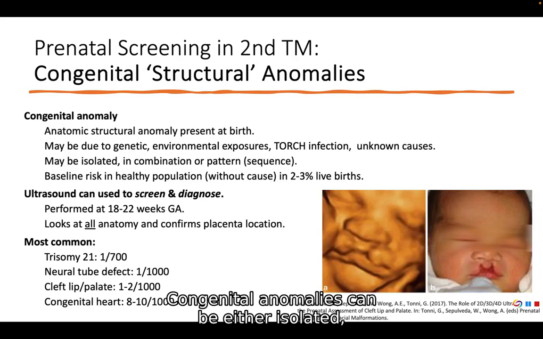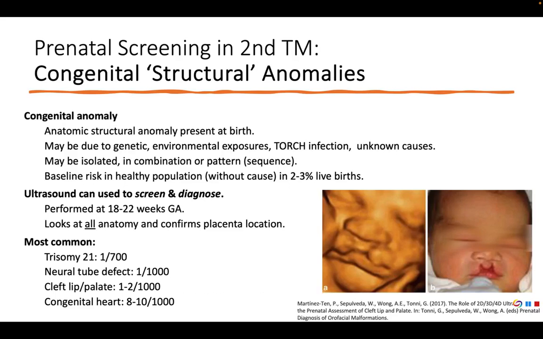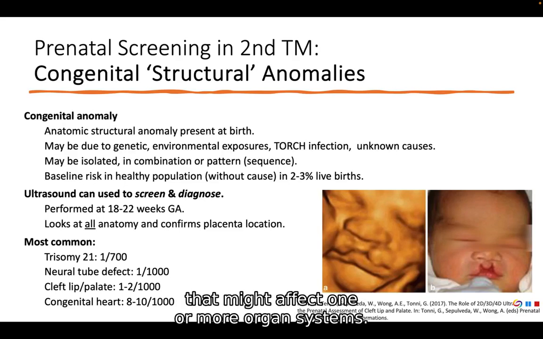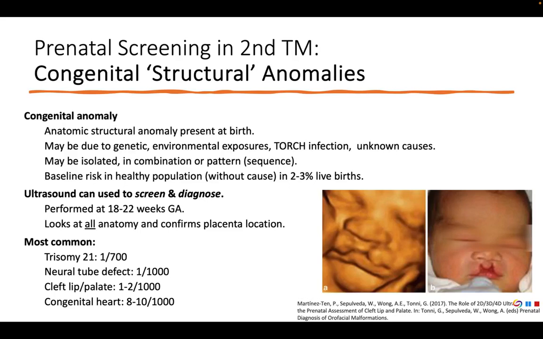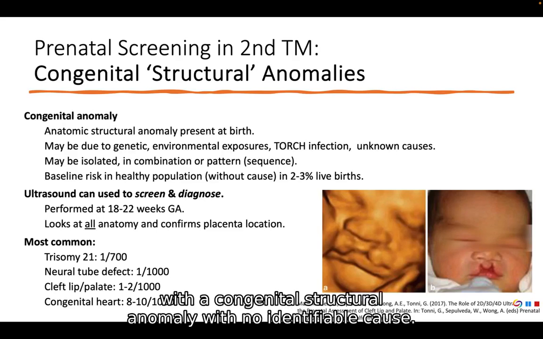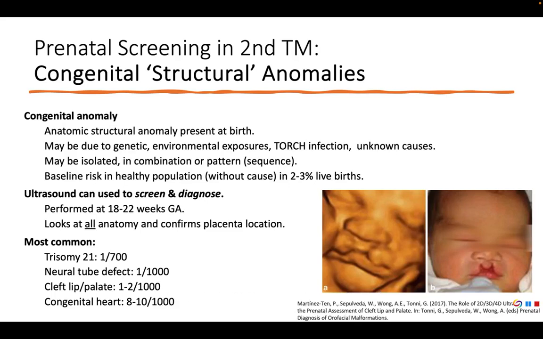Congenital anomalies can be either isolated, being seen alone, or present in a combination or pattern that may affect one or more organ systems. Remember that I mentioned that 2 to 3% of all healthy live babies are born with a congenital structural anomaly with no identifiable cause.